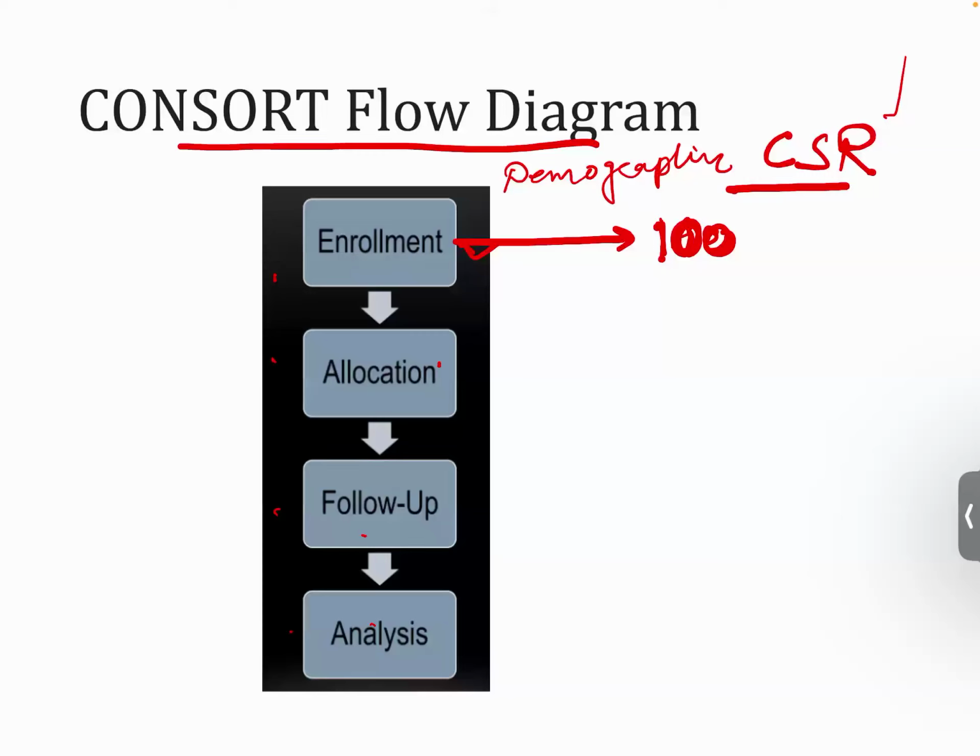Now, suppose we have 2 groups for allocation. 50 are given here, 50 are here. This is drug A. Suppose this is placebo. After allocation, 50 participants come here, 50 there.